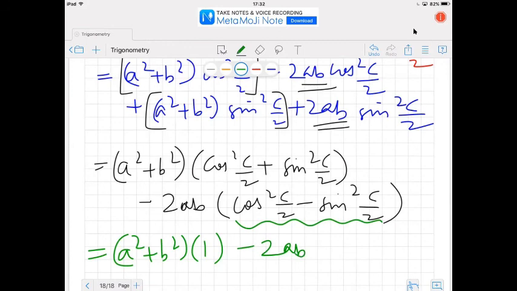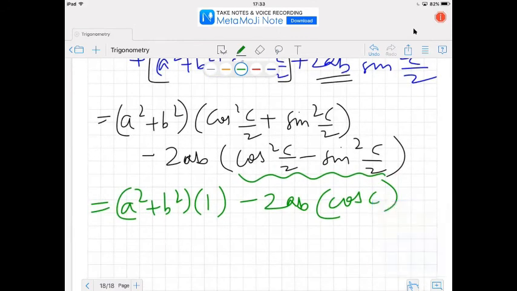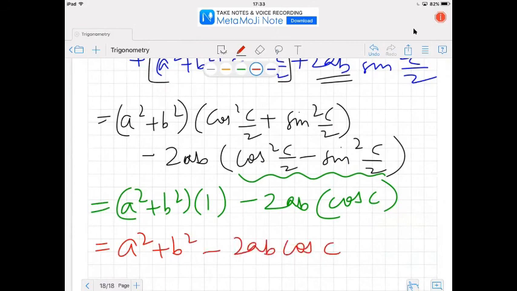So I'm going to substitute over here cos of c. So यहाँ पे I have a square plus b square minus 2ab cos c.